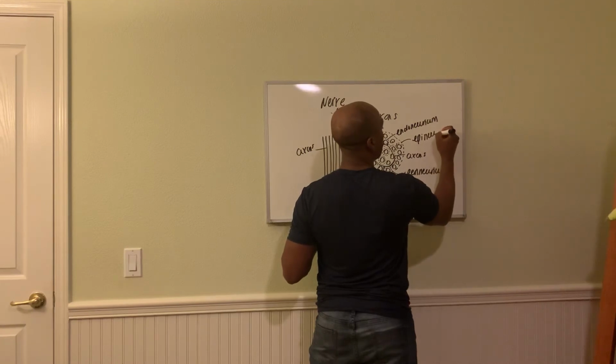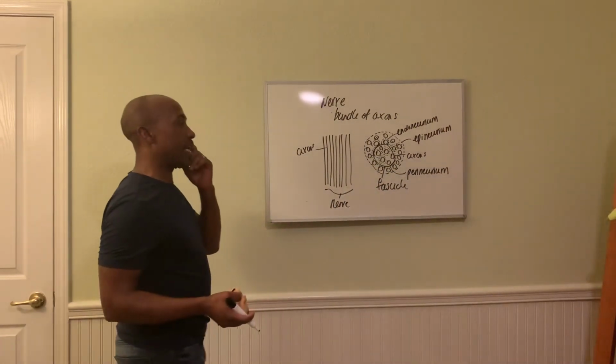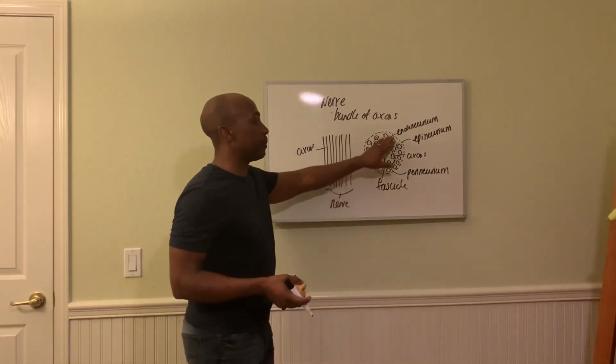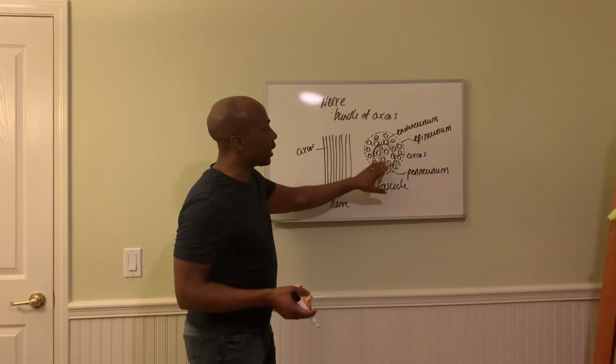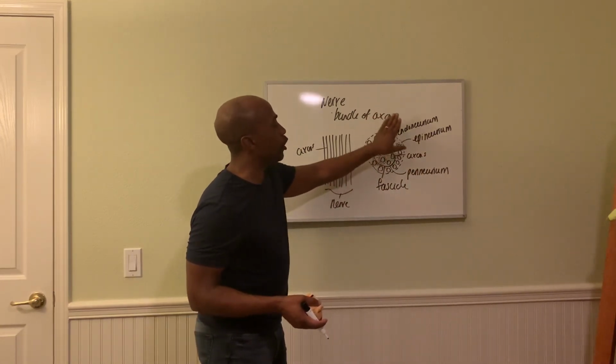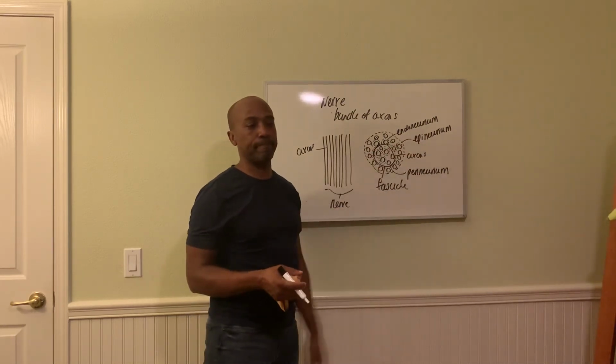So I want you guys to know the 3 layers of membrane that you find in the nerve bundle. Each axon has an individual endoneurium. Each bundle has a perineurium, and the entire nerve structure is wrapped by an epineurium.